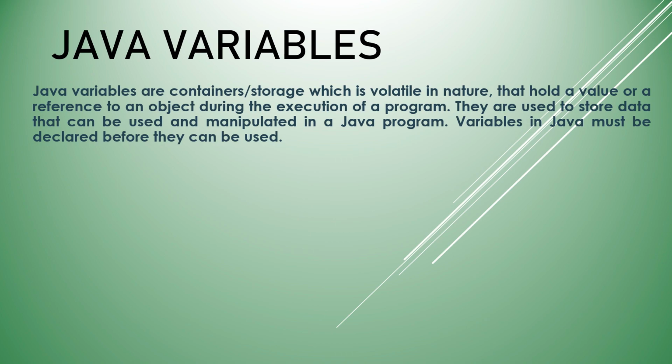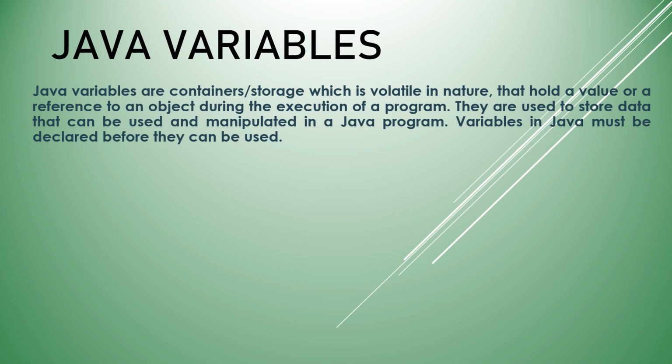So you can use a variable for storing data or value, and the data or value that is stored in the variable will be available inside the block or program or method where you have declared it. So it will be available and you can use it throughout your program.